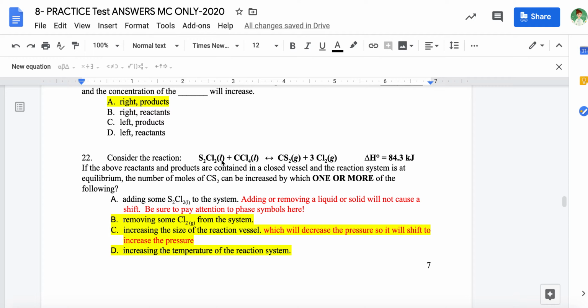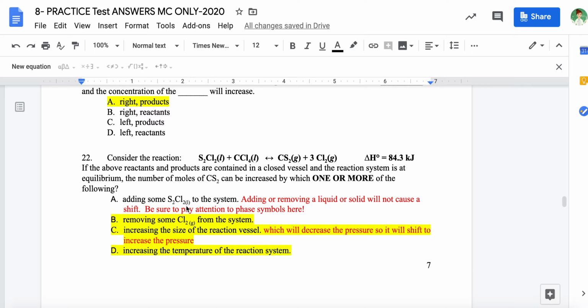Liquids here, we can't change the concentration of a liquid, so nothing regarding these two substances would cause a shift. So be careful. Liquids and solids do not cause shifts. So this is why A can't be true, because it's a liquid.